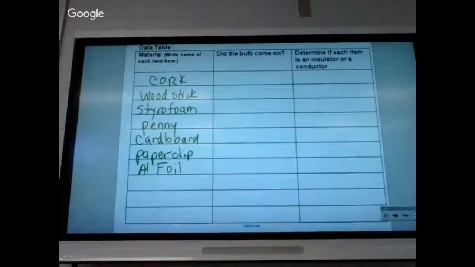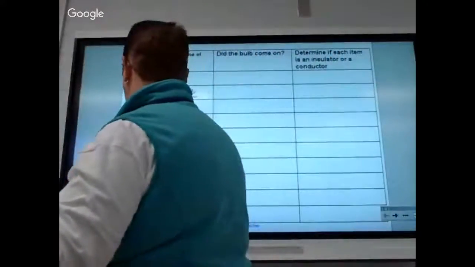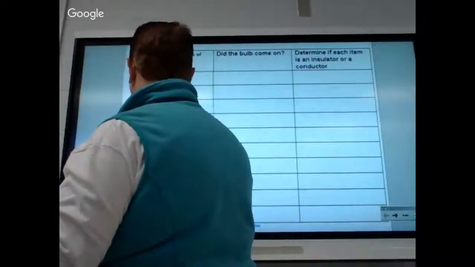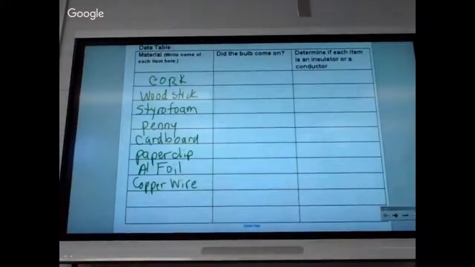The copper, you see this right here? Some of you have this, and some of you have a piece of actual copper wire that looks like a stretched out paper clip. So you will have one of the two. This black thing, anybody know what that is? Rubber.